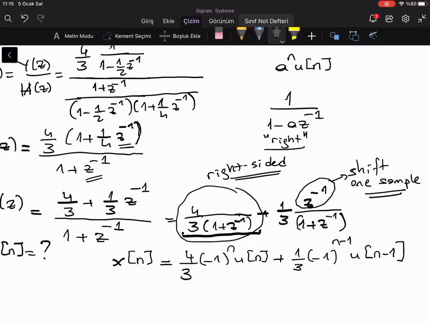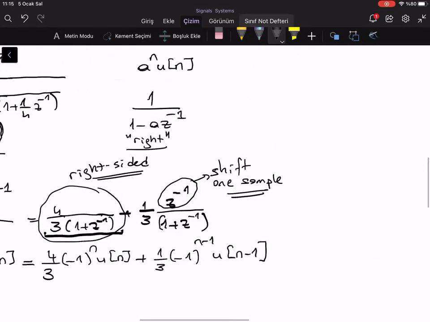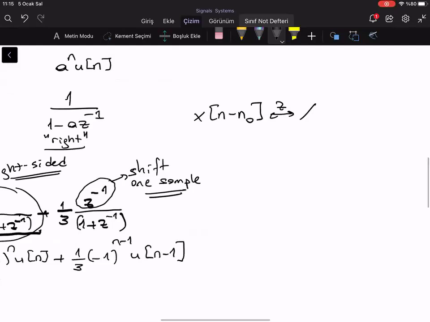If you remember our property, the Z transform of x of n minus n0 is this one, right?